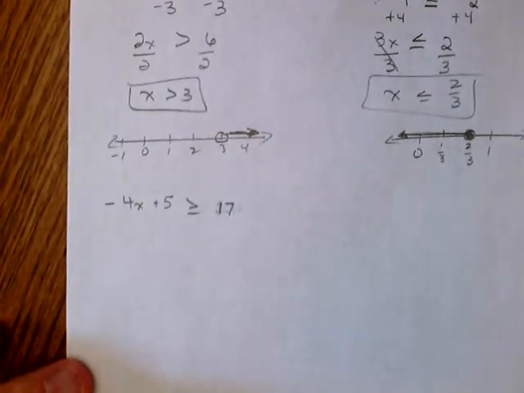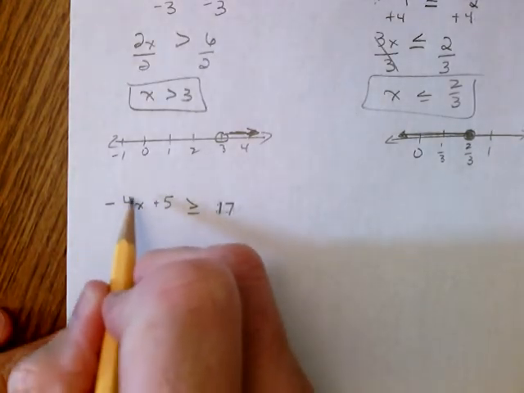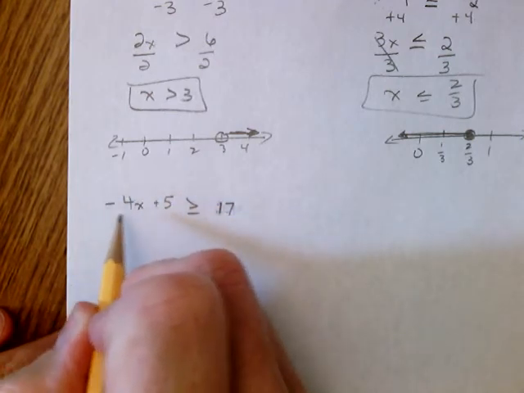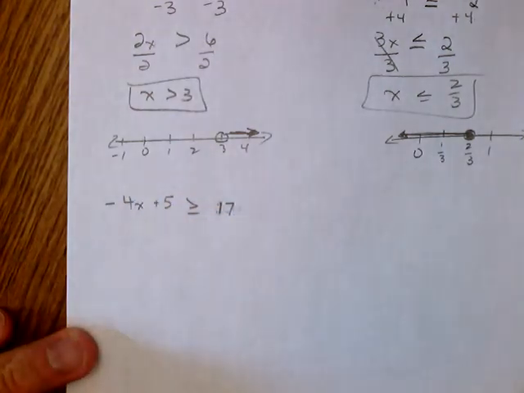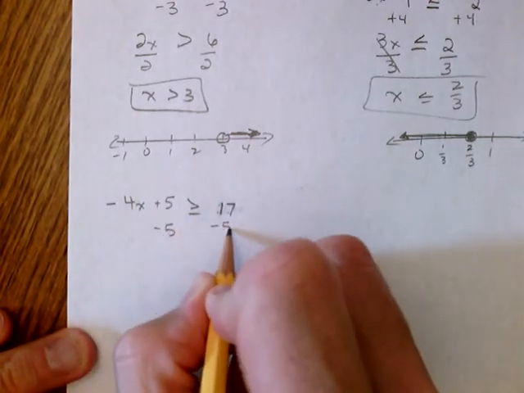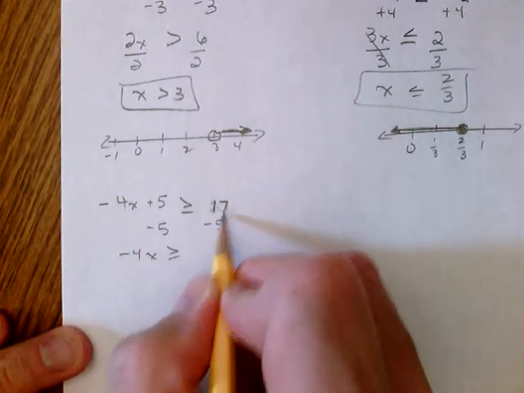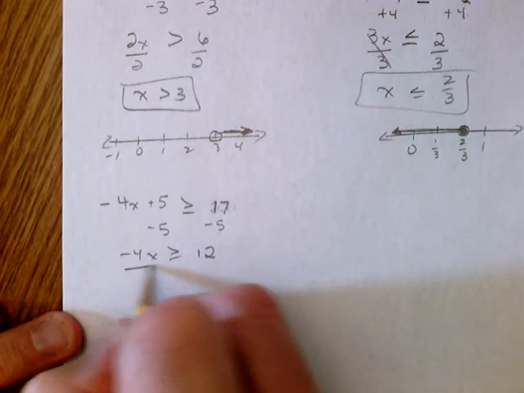All right, so there's one twist to solving inequalities, which you recall from Algebra 1, which is anytime that I multiply or divide by a negative number in order to isolate the variable, it changes the direction of the inequality. So let's look at that. I'm going to subtract 5, subtract 5. So I have negative 4x greater than or equal to 17 minus 5 is 12.